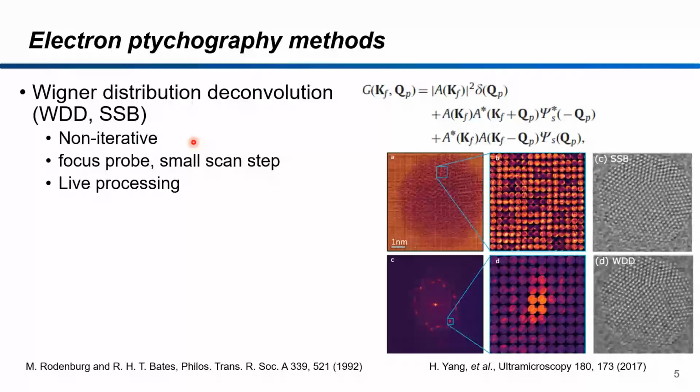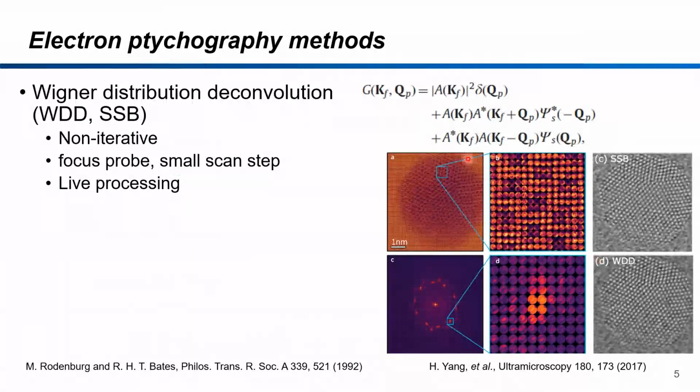So these methods are basically non-iterative, and they use a focused probe with small scan step size. So it's similar to conventional STEM imaging. And the data processing is very simple and not computationally intensive. So you can even do some live processing during the data acquisition. So here shows one example.